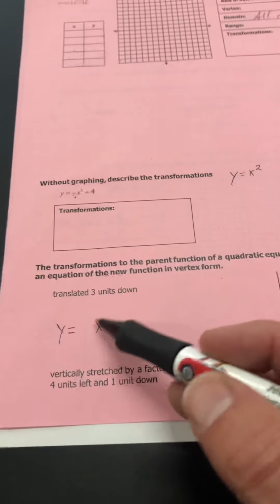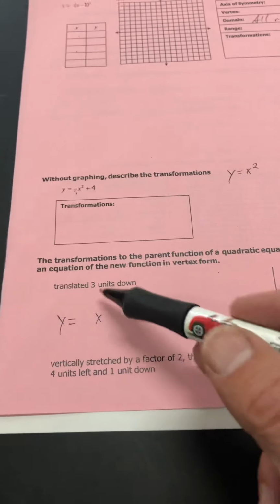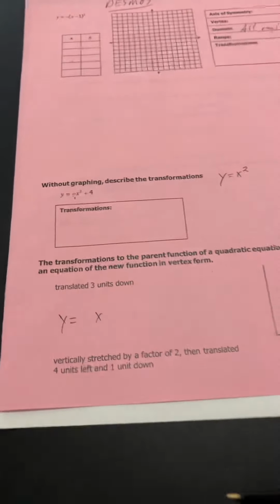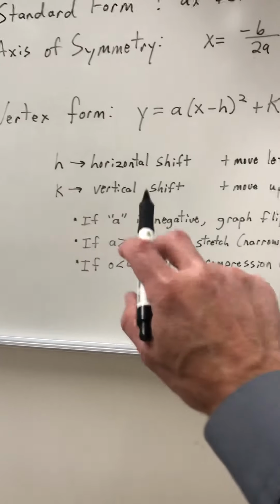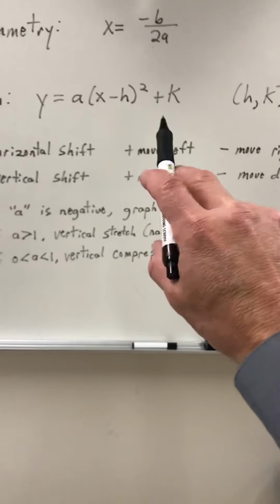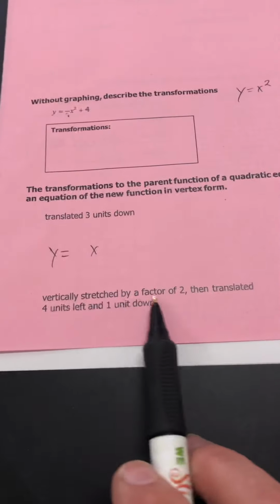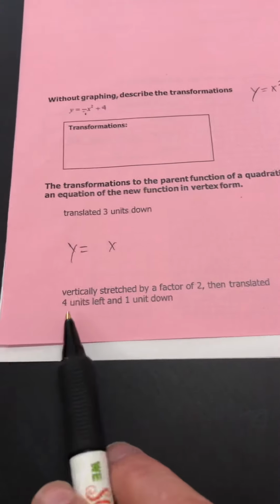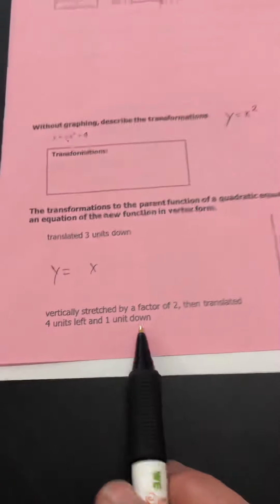Not left and right, so nothing in parentheses. So 3 units down would just be your -3, because that k is the vertical shift, -3. K is out past your x squared. And then vertically stretched by a factor of 2, and then translated 4 units left and 1 unit down.